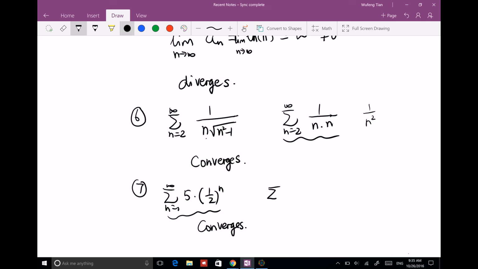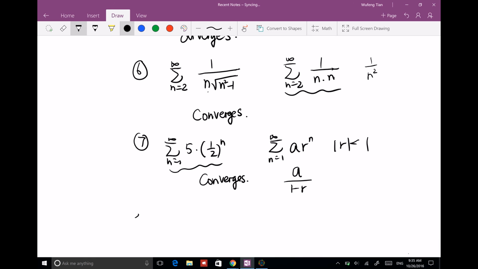Whenever you have n equals 1 to infinity of a times r to the n, this is a geometric series. Very good, Lacey, thank you very much. Is r, 1/2, less than 1? Yes. It converges to a over 1 minus r. So this one converges. All right.